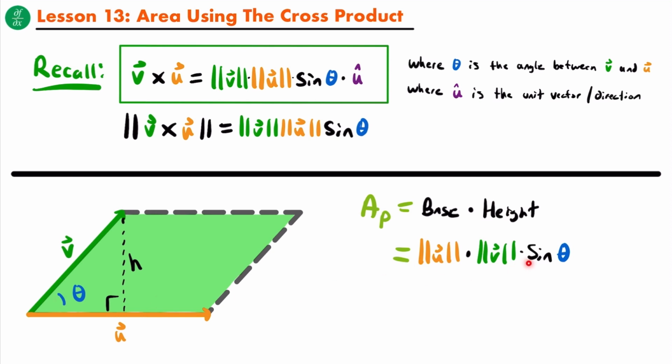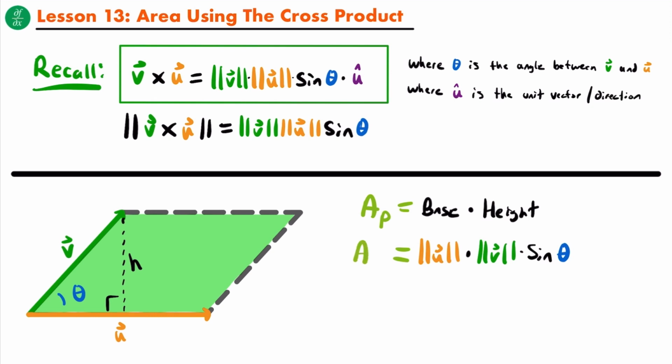And if you compare that to what we talked about earlier, the magnitude of the cross product between vector v and vector u, take a look at what that's equal to. We have the magnitudes of those vectors multiplied by sine theta, which is exactly what we have here. It doesn't matter the order in which we multiply them. We can swap the order of these magnitudes, and we have the exact same calculation. The magnitude of vector v times the magnitude of vector u times sine of theta.